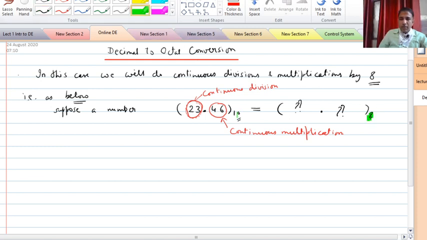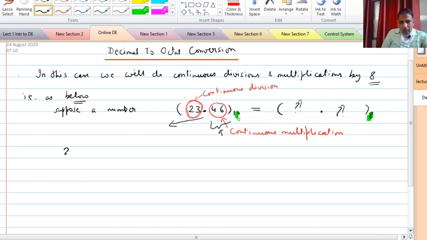So in this case we have to do continuous divisions by 8 for this part, whereas we have to do continuous multiplications for this part. Now look at how we have to perform this.